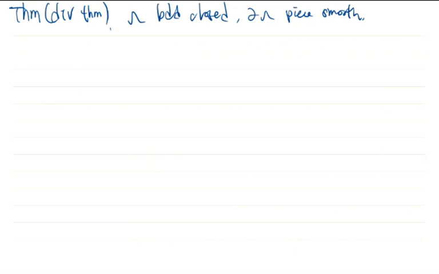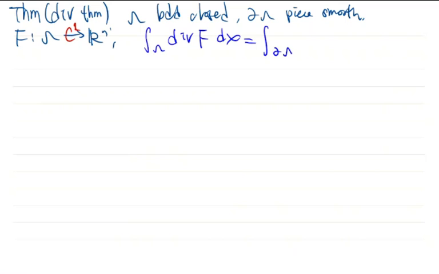And f is a C1 vector valued function over omega. Our conclusion is that the integral of the divergence of f equals the boundary surface integral. Okay, so we will prove this result.